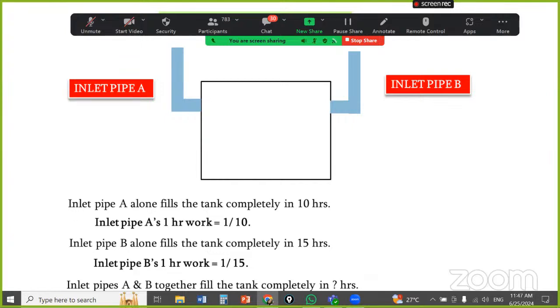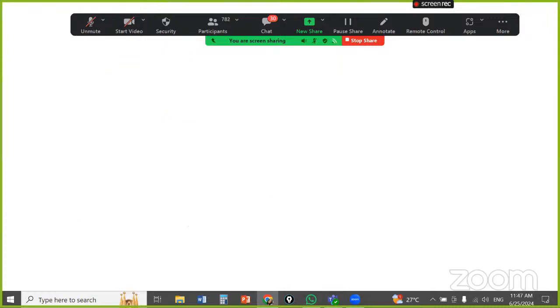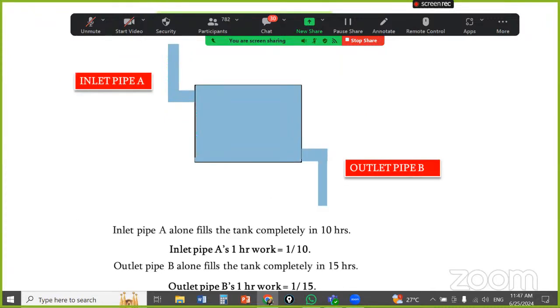So here filling the tank, that is the work done. And B alone completely fills the tank in 15 hours. So in 1 hour, it will be completing 1/15th of the tank. This is how we take. So together, A and B together, the same thing, 1/10 plus 1/15. We take the LCM and we do in our usual way what we did.